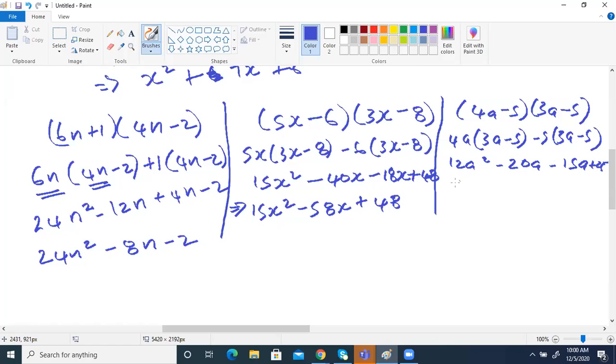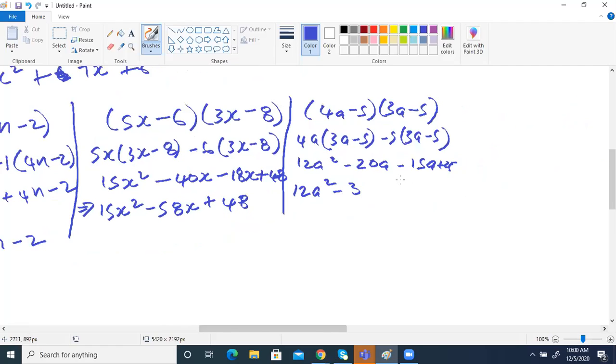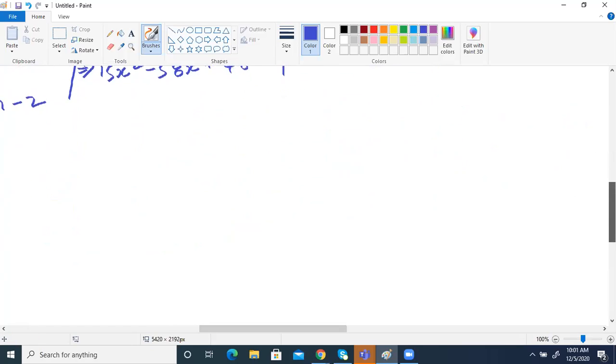Space kind of small, but we work with it. So this is 12a squared minus 35a plus 25. Lovely.